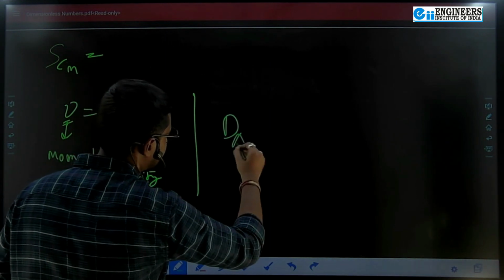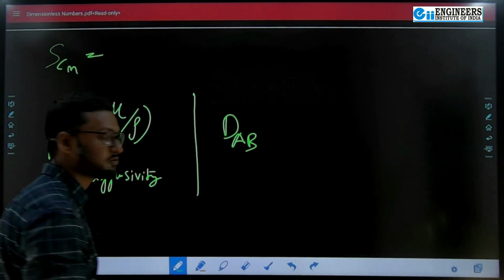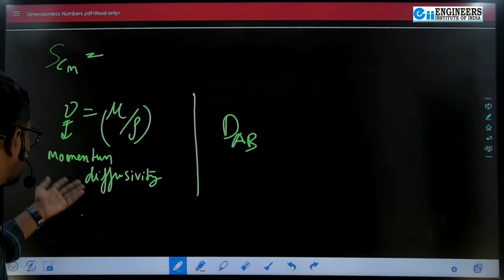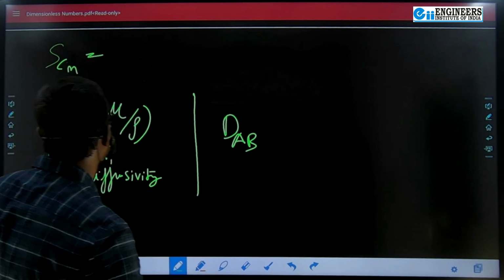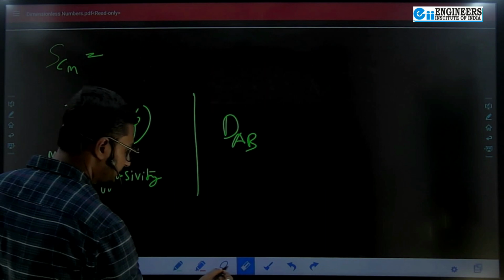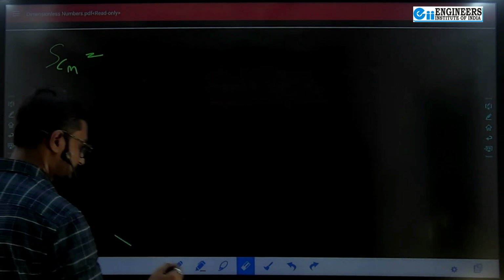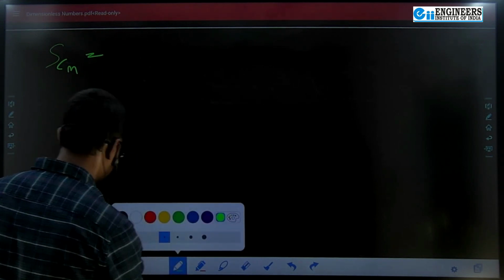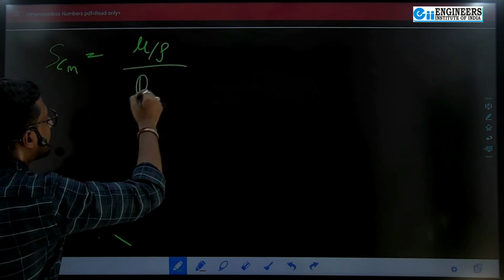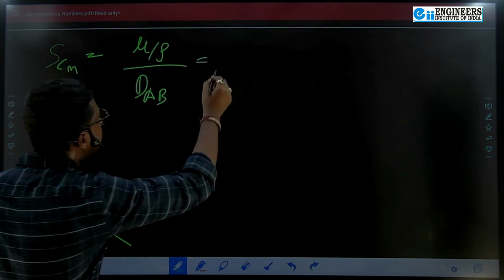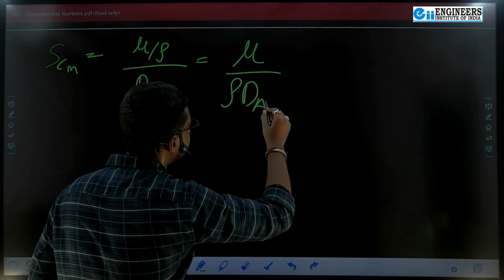Now if we look at our mass diffusivity, we know that mass diffusivity is represented by DAB, and its unit is meter square per second, and the unit of kinematic viscosity or momentum diffusivity is also meter square per second. So the units get cancelled, and this becomes a dimensionless number. So the Schmidt number will be defined as mu by rho divided by DAB, which turns out to be mu divided by rho DAB.